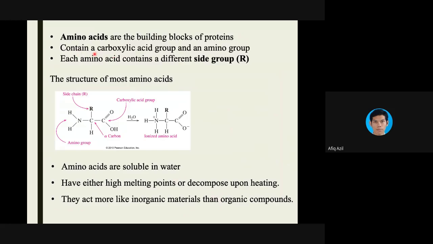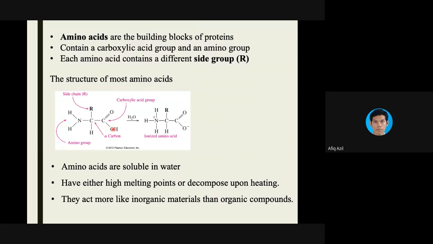So an amino acid contains a carboxylic acid group, okay, and also an amino group. Each amino acid contains a different side group, which is the R. So let's see what is the structure of an amino acid. So this is the structure of most amino acids, in which you have the amino group on this side, and also you have the carboxylic acid group.